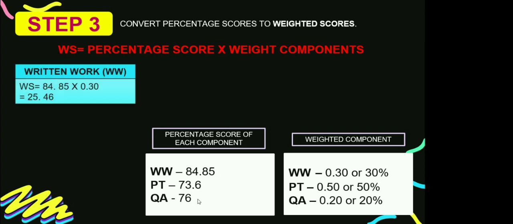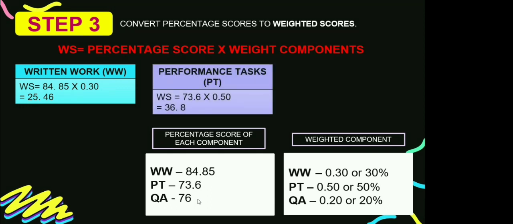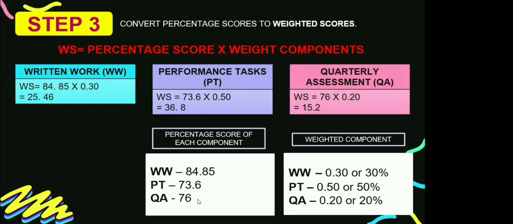Starting with written works, the weighted score is equal to 84.85 times 30%. We have 25.46. In performance task, weighted score is equal to 73.6 multiplied by 50%. We have 36.8. And lastly, the quarterly assessment weighted score is equal to 76 times 20%, which is equal to 15.2.